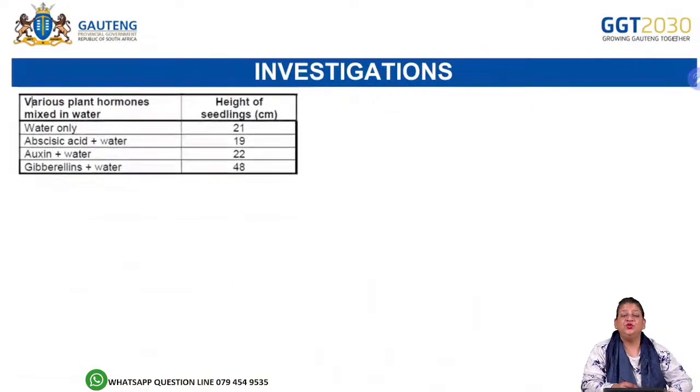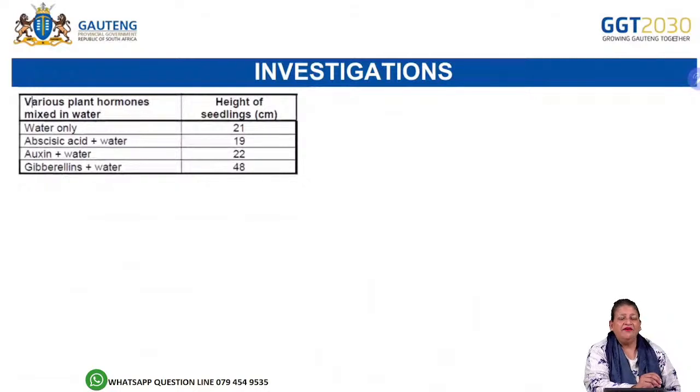And now we're going to do investigative questions, which is a very, very big challenge to many learners, both in paper 1 and in paper 2. But there's certain things that are always questioned in investigations, and if you can master those criteria or questions and how to answer it, you'll do well.